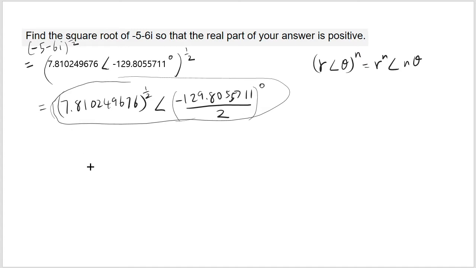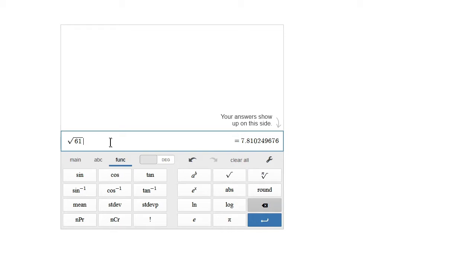Okay, so what is that? Let's try to calculate that. First, what's the square root of 61? So let's try that. Take the square root of the square root of 61. Okay, and that's 2 point this number here.